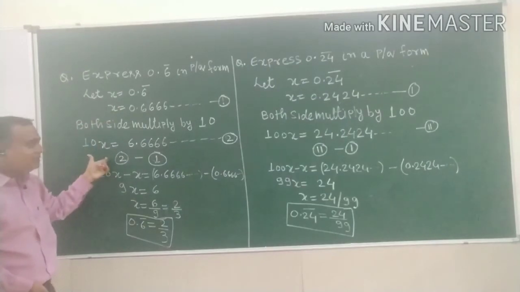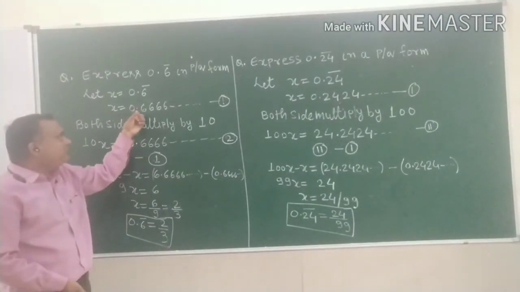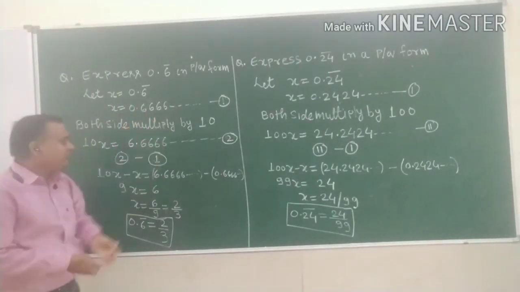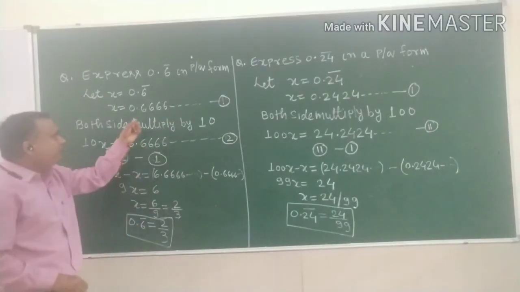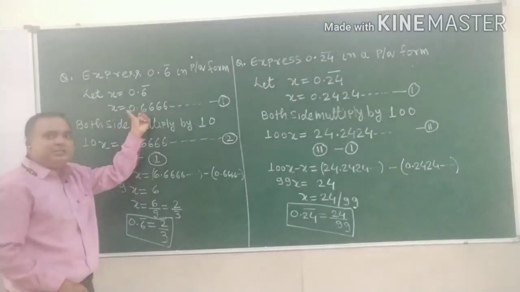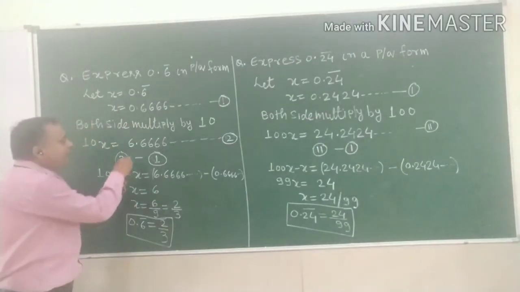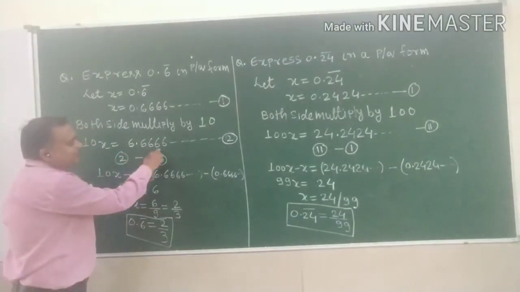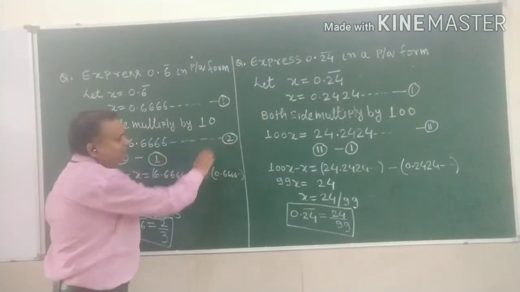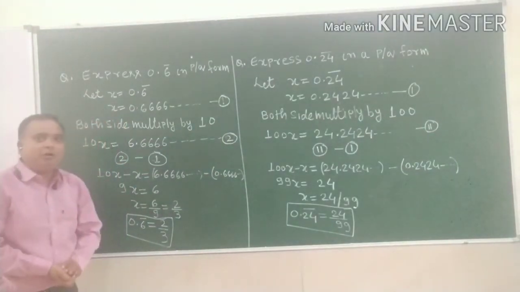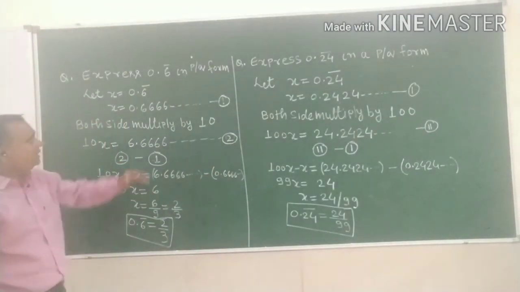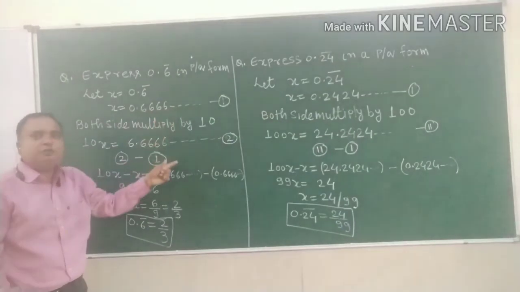when x is multiplied by 10, it will be 10x. Now when I multiply 0.6666 by 10, simply the decimal will shift 1 point. So we can write 6.66 dot dot, that is equation number 2. Now we have to subtract equation 1 from equation 2.